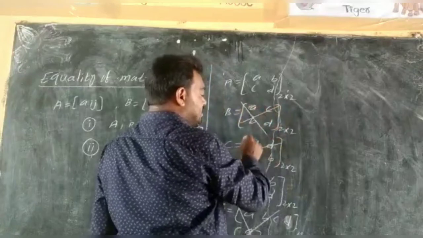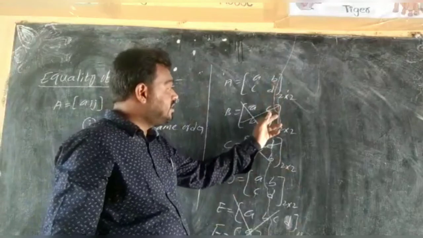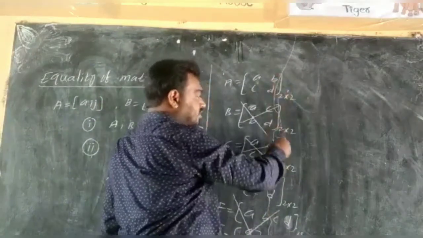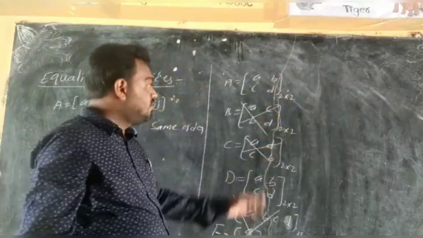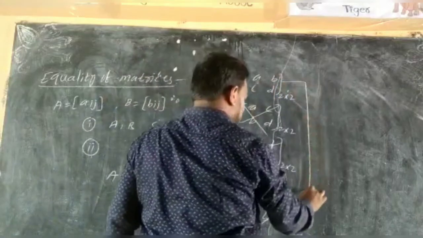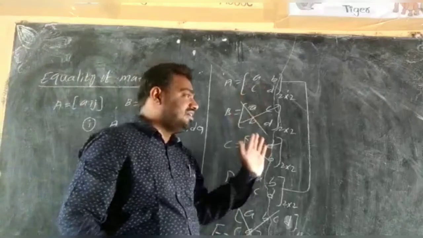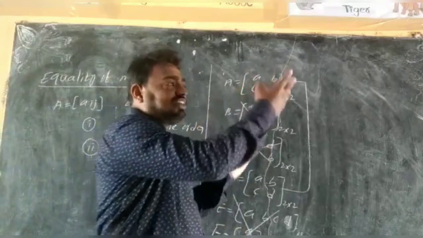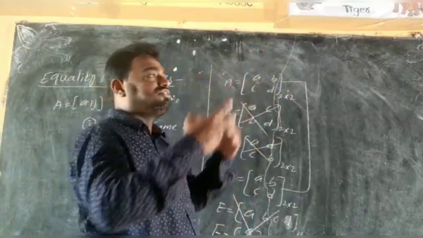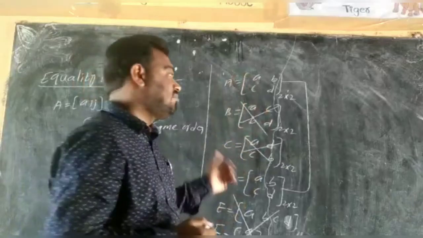So B is not equal to C and B is not equal to D, and these two are not equal. So which are equal? These two only. All the elements are present, but in different positions. Matrices whose elements are in the same positions are called equal matrices. Understood?